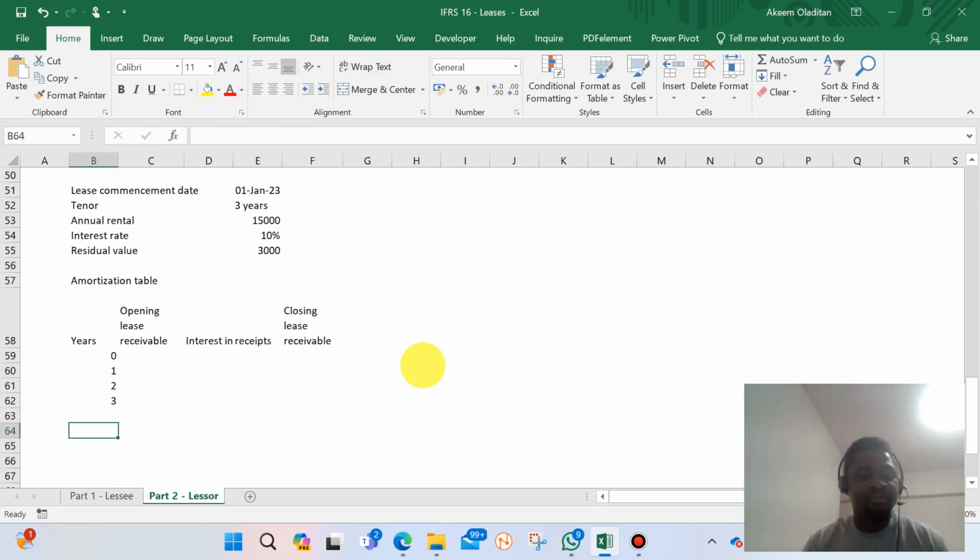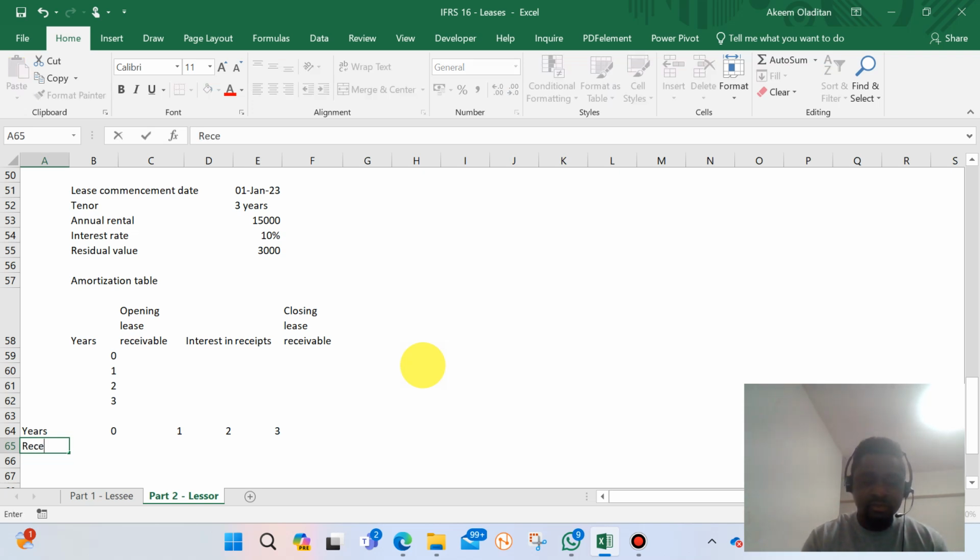We have years 0, 1, 2, 3, and what are the receipts? I mean receivables. 15,000 per annum.